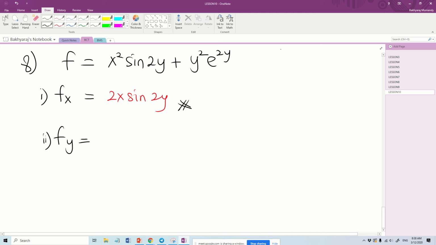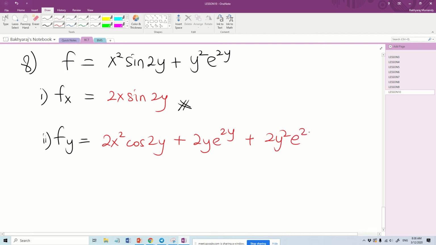Okay, so anyone want to try the function with respect to y? 2x square cos 2y plus 2y exponent 2y plus 2y square exponent 2y.